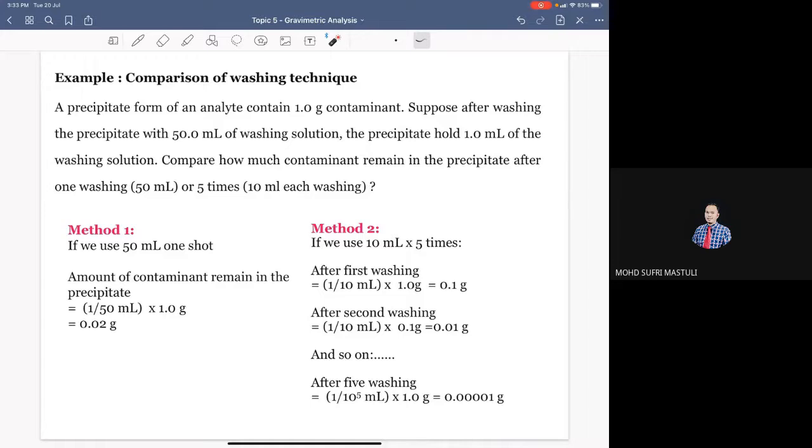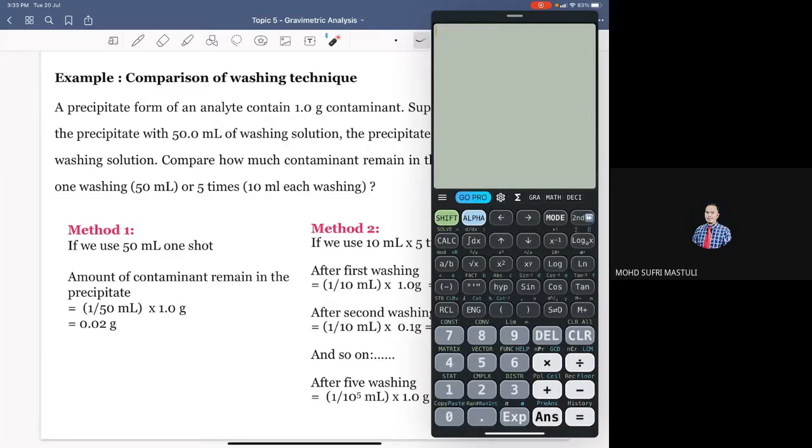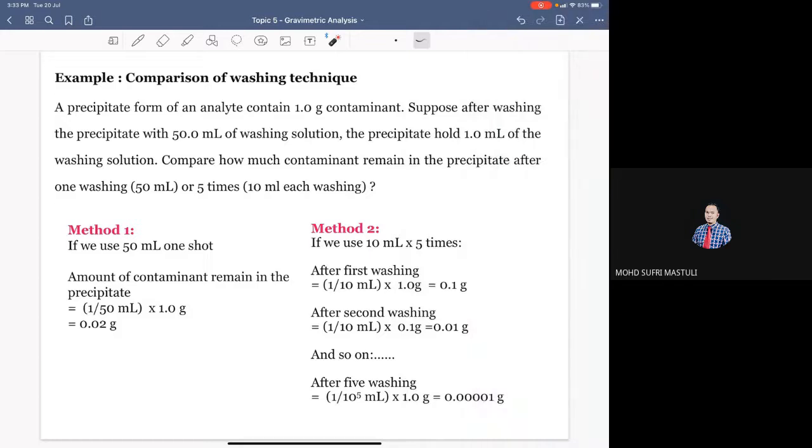However, if we use the second technique, 10 ml for 5 times, the amount of contaminant will become lesser and lesser. Because 1 ml for each 10 ml, 1 over 10 times 1 gram, the first wash leaves 0.1 gram.